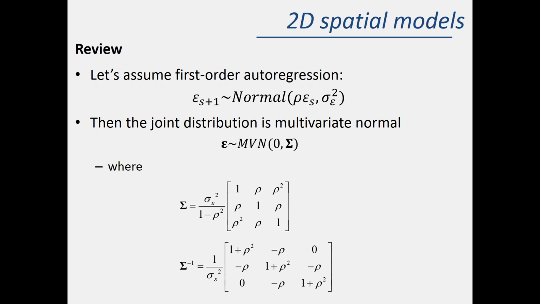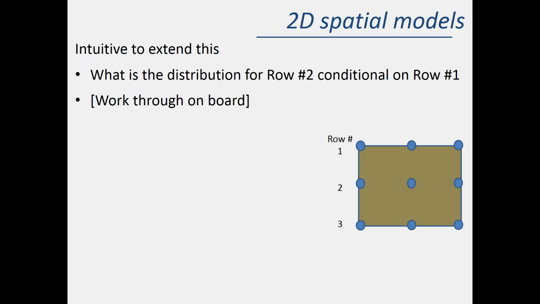This is analogous to the CAR, the conditionally autoregressive specification originally developed for areal models, but it extends to point process models. Okay, so the goal is to get people thinking about how you would extend that upstream to downstream conditional specification for a 2D process.